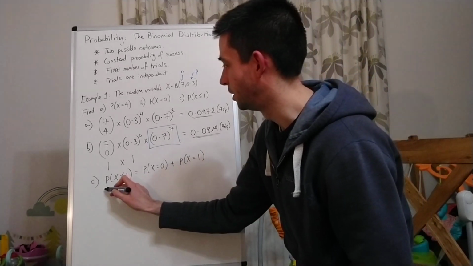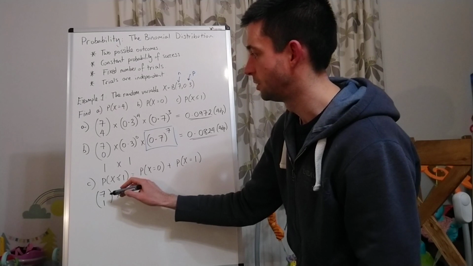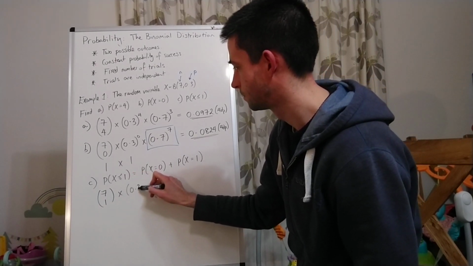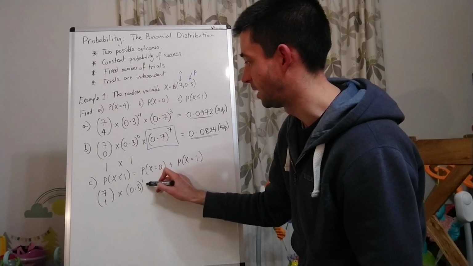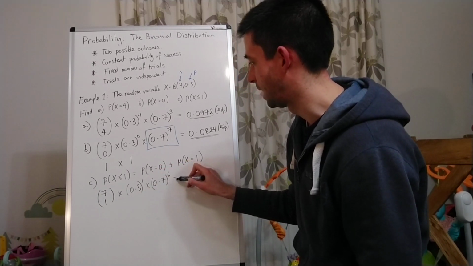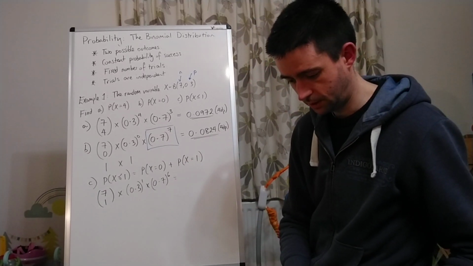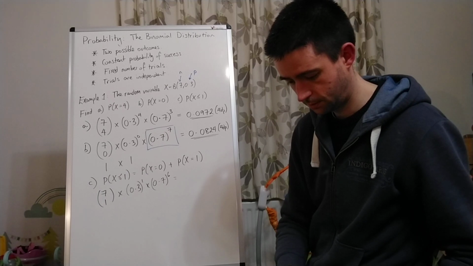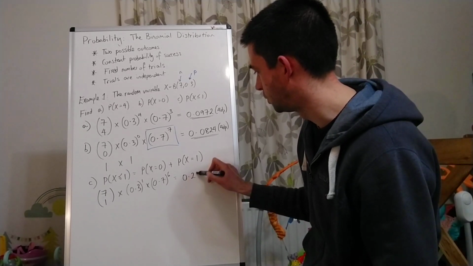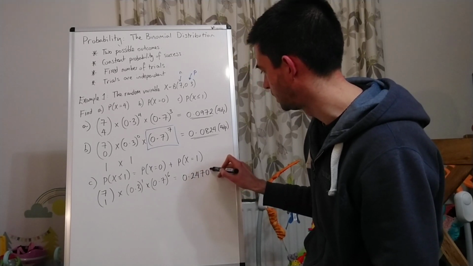And I'm actually just going to work out the probability of 1 success. So 7 trials, 1 success. Probability of success to the power of 1 times by probability of failure to the power of 6. So I'm going to put that in the calculator now. And that comes out as 0.2471 to 4 decimal places.